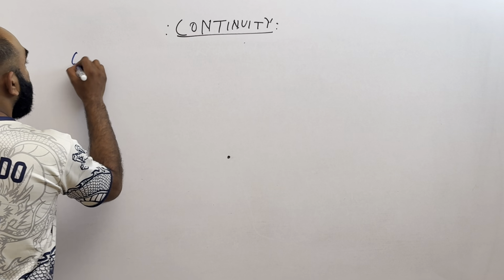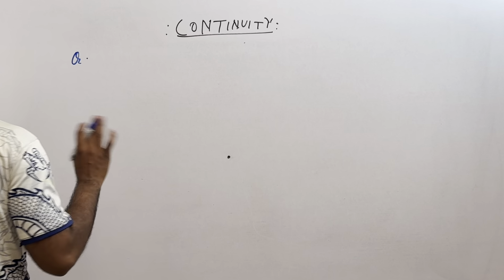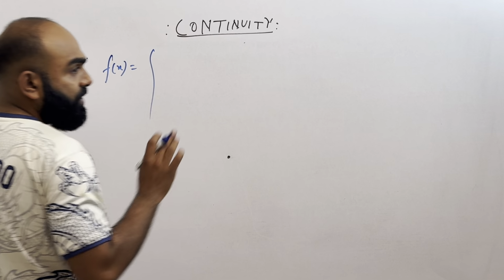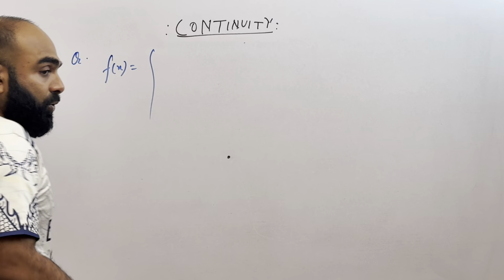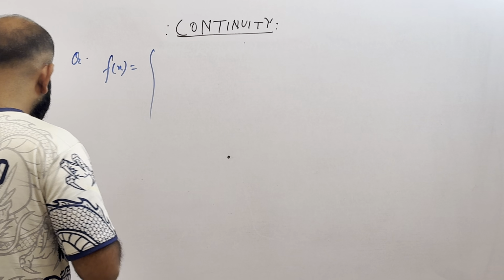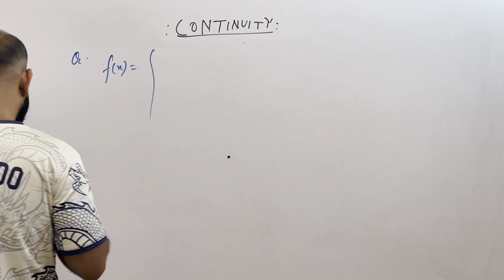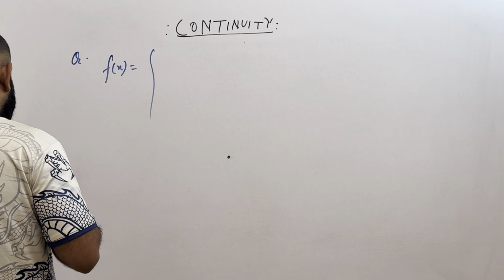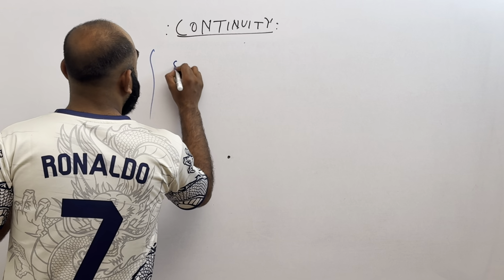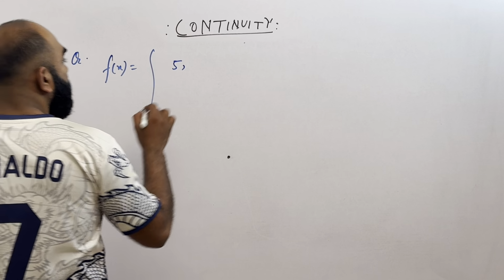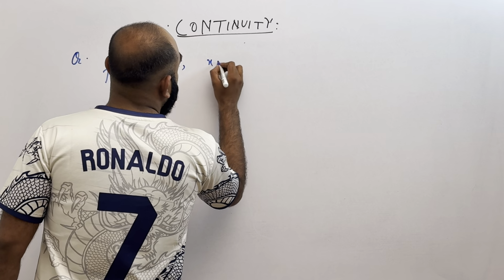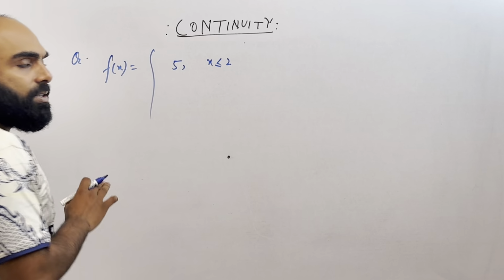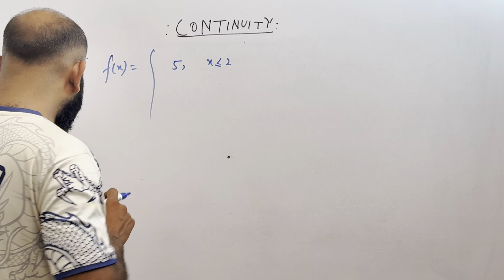A function is given to you. I'm not writing it exactly, I'm just explaining. The function f of x is given as 5 when x is less than or equal to 2.